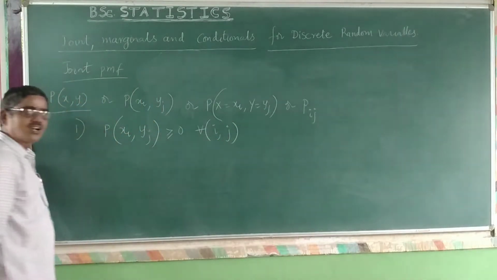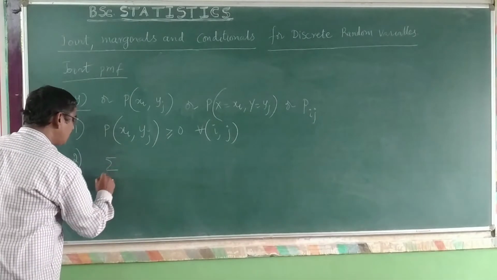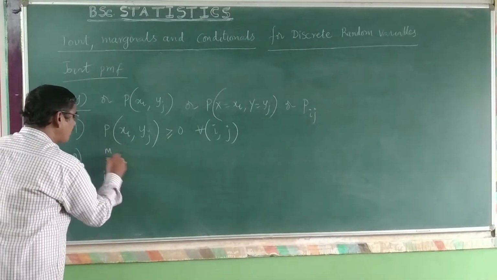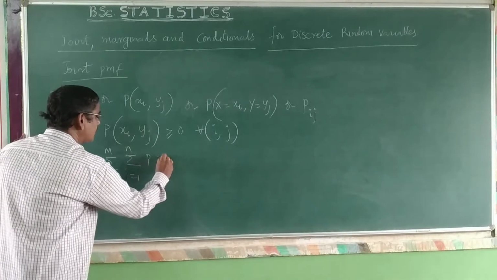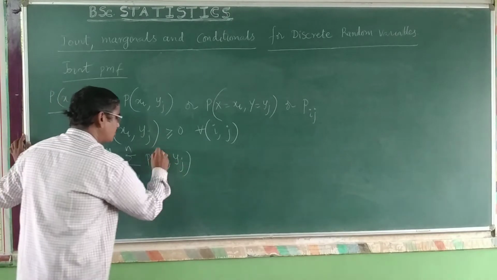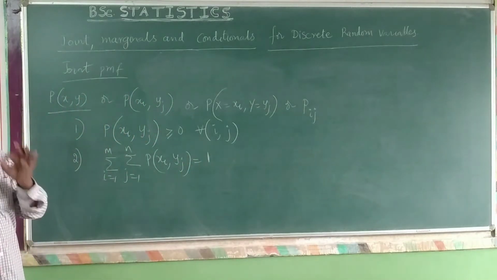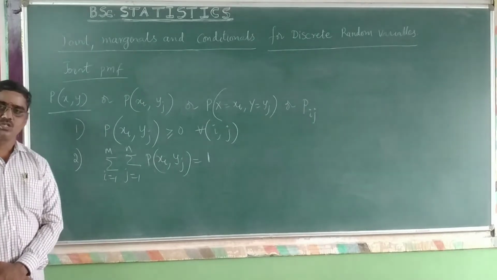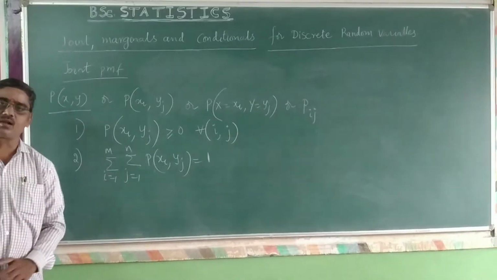The second condition is summation i is equal to 1 to m and summation j is equal to 1 to n of probability of xi comma yj must be equal to 1. This is that the total probability is unity. For any probability mass function, remember these two conditions.